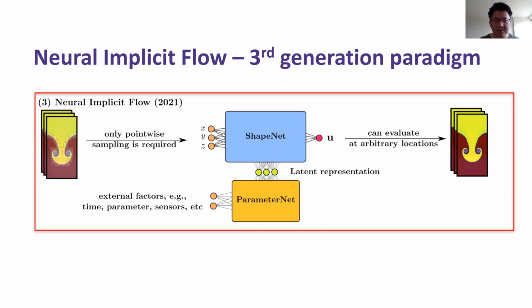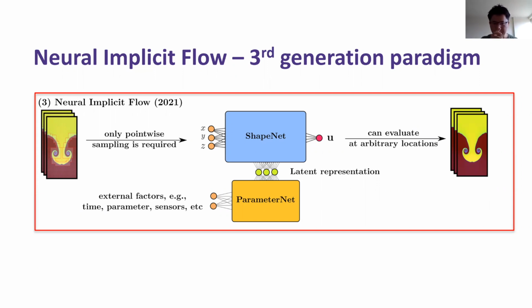The ParameterNet takes any other factors. It could be time, parameters like Reynolds number or Mach number, or some sensor values. Let's say you have 100 sensors for temperatures on the wall, and you know there's a relation between the temperature distribution on the wall and some other quantity. Then you can feed the information of the sensors into the ParameterNet.